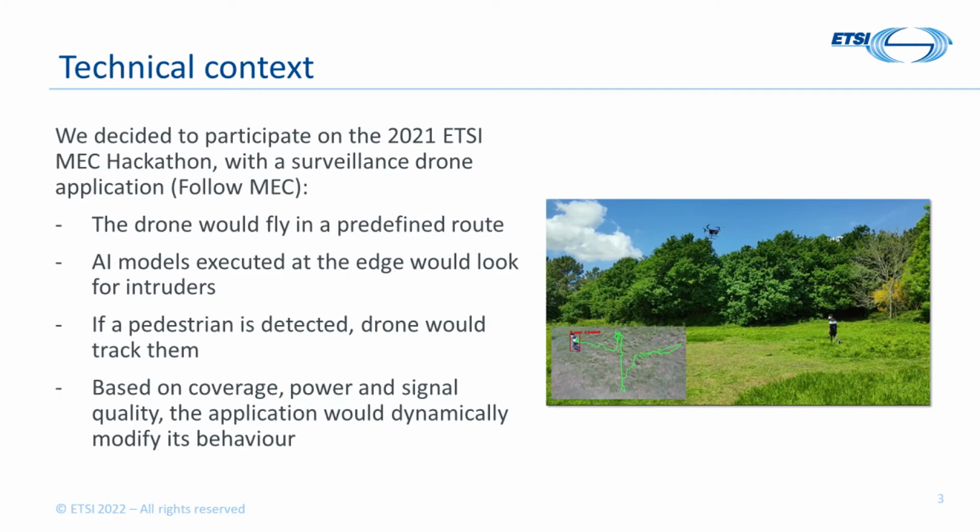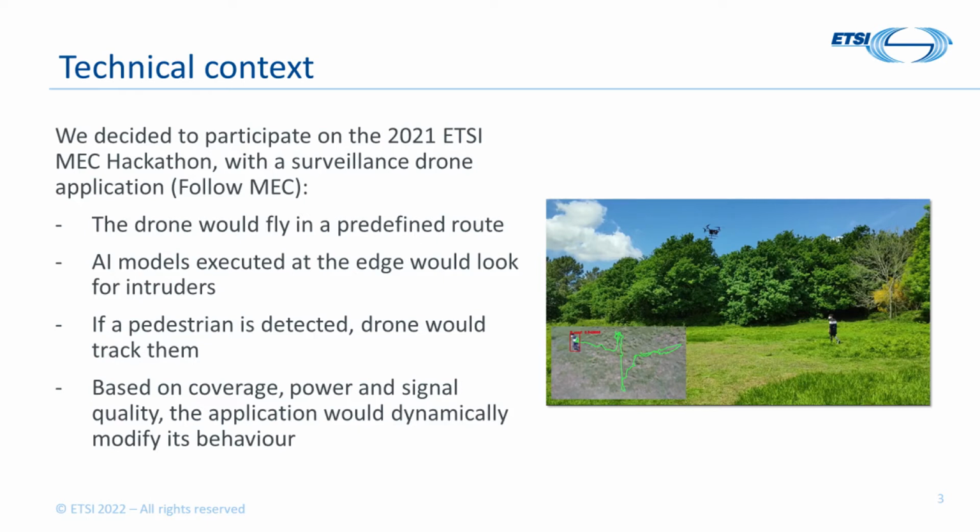With the focus on the 2021 ETSI MEC hackathon, we decided to implement an edge application for surveillance drones. The solution would have the following features. The drone would fly in a predefined route, also known as surveillance area. A video stream would be captured by the drone looking for intruders.